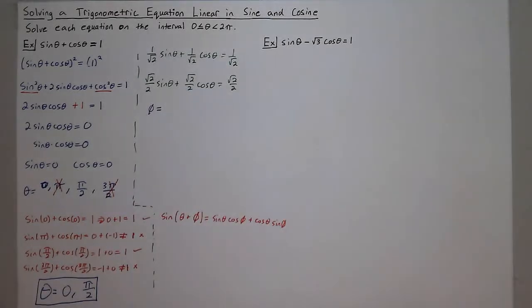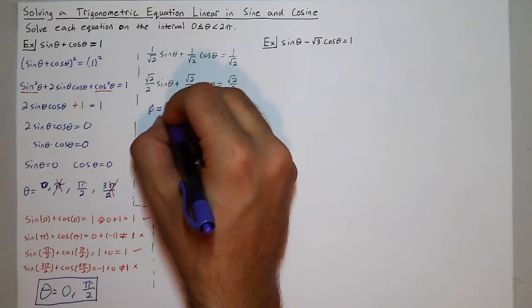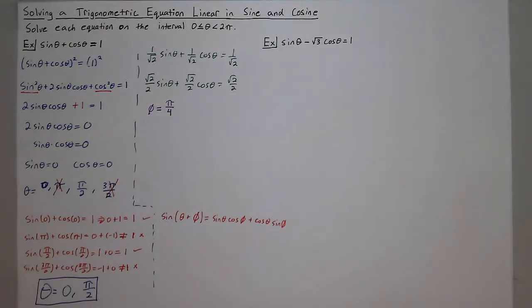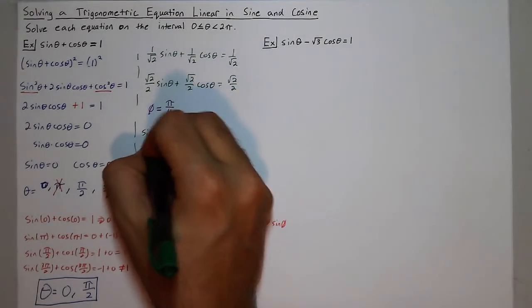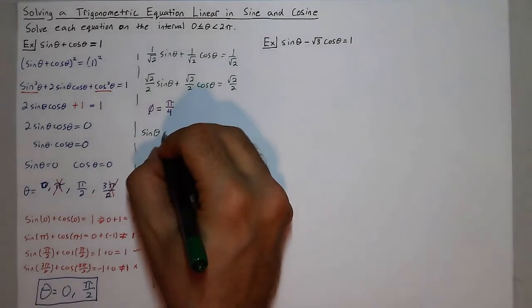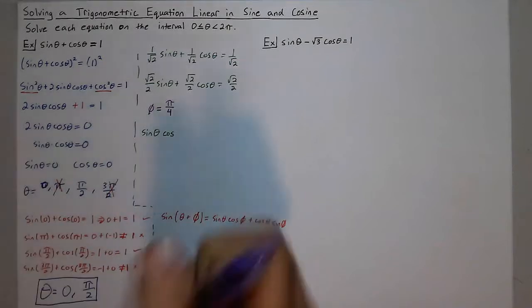That angle is pi over 4. So what this expression can become is the sine of theta, but now I can use cosine of phi, which is pi over 4.